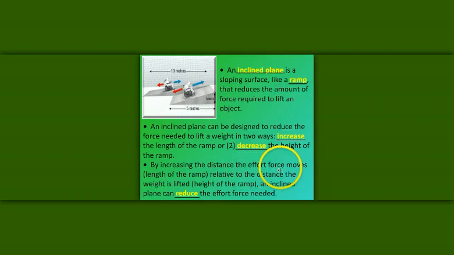By increasing the distance the effort force moves, the length of the ramp, relative to the distance the weight is lifted, the height of the ramp, an inclined plane can reduce the effort force that we need. So again, inclined plane, ramp, increase, decrease, reduce.